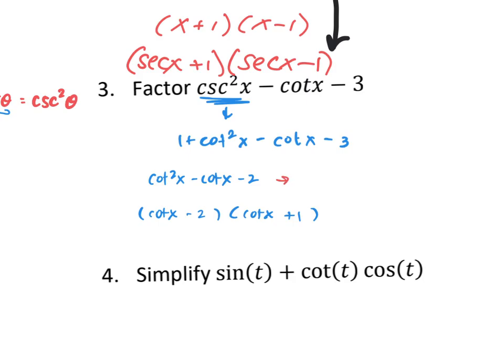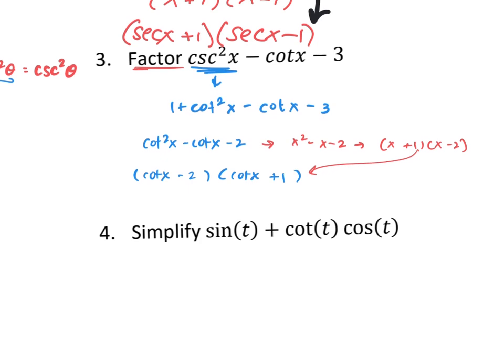But if you wanted to, you could rewrite this as x squared minus x minus 2, then factor that, and then bring back the trig function, okay? And we're done because it just told us to factor. It didn't tell us to solve anything.